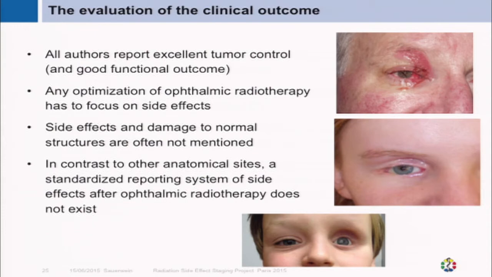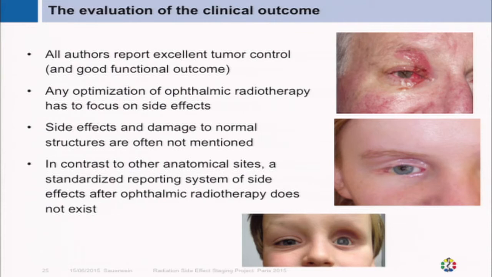But if we try to look at the literature, then we can see that all authors report excellent tumor control and more or less good functional outcome. But we need to report also the side effects. And side effects that are damaging normal structures are very often not mentioned or, let's say, not really highlighted.